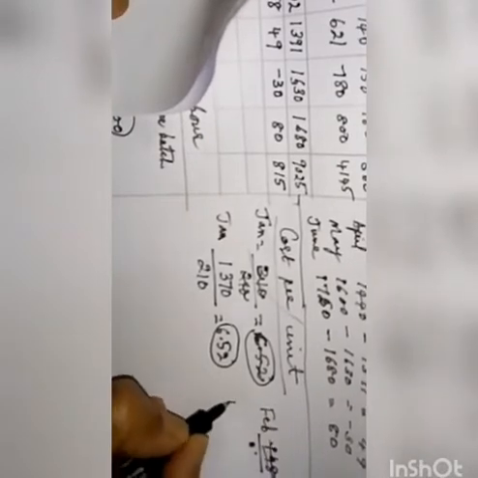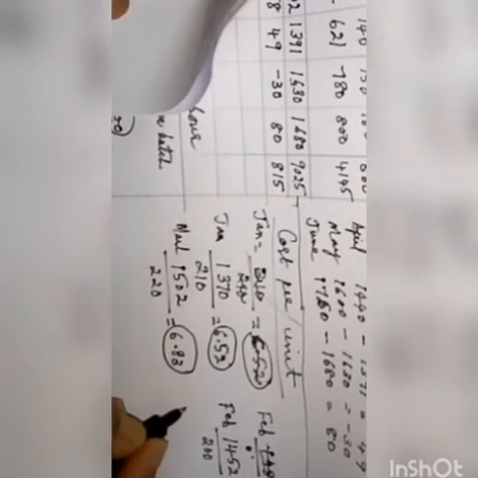February month total 1452 divided by total number of units produced 200. Per unit cost comes to 7.26.